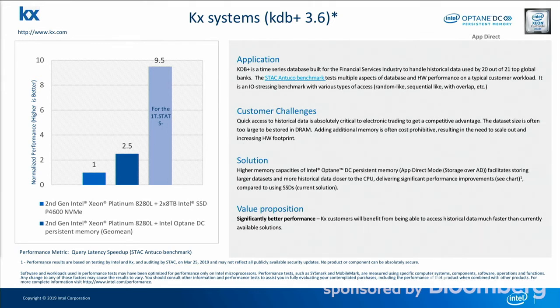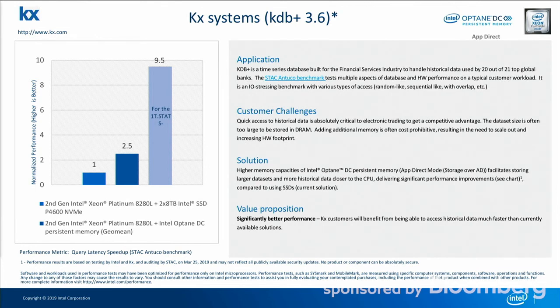If you use the modules in storage over AppDirect mode, they show up as a drive, right? And in this test with KDB that we did, we simply used that aspect of storage over AppDirect mode, and they used it to load up a bunch of their historical data in their particular application, which provided them with better performance.